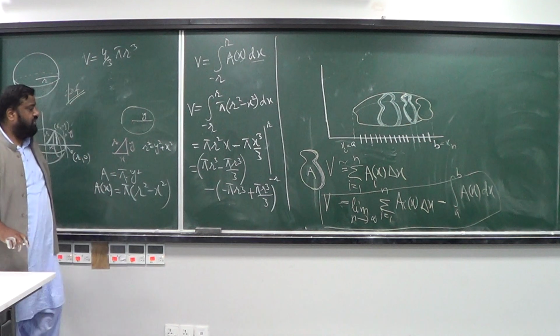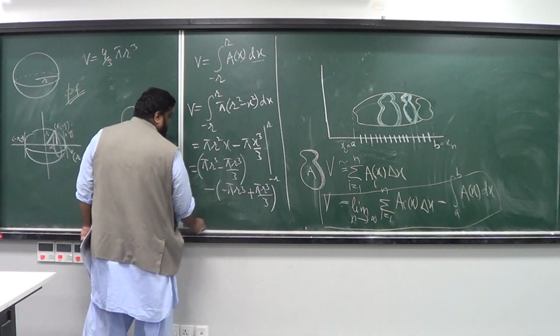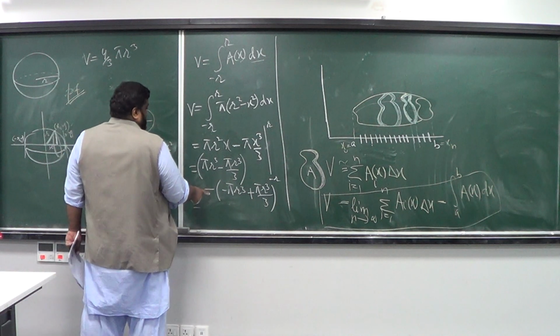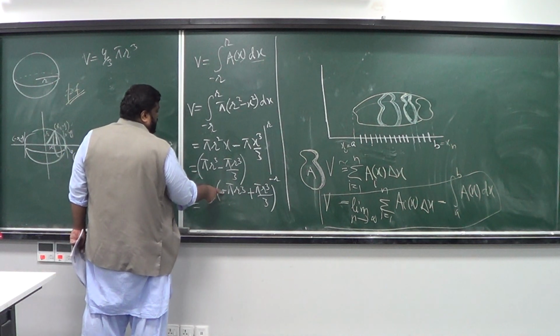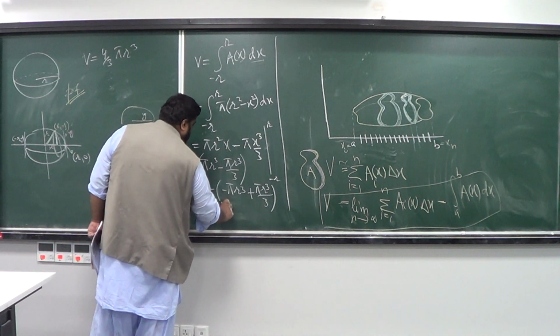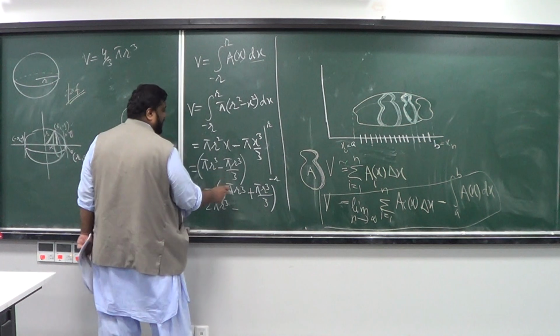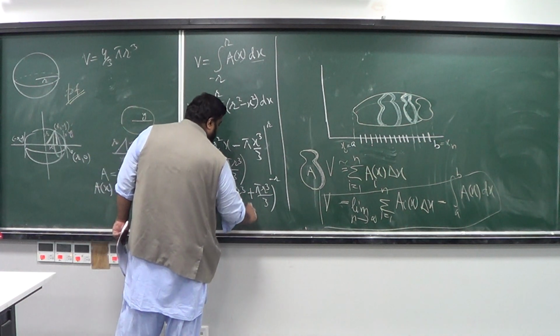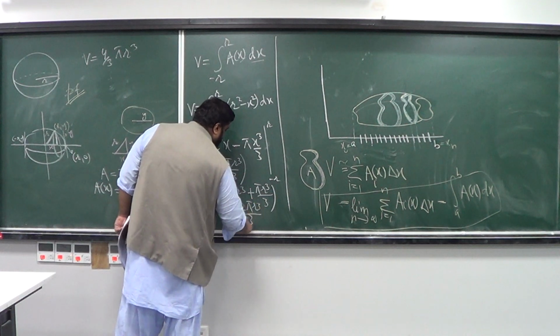Once you compute this, what would be the net result? This is going to be pi r cube plus pi r cube, so 2 pi r cube, minus, and with the signs plus minus minus, 2 pi r cube upon 3.